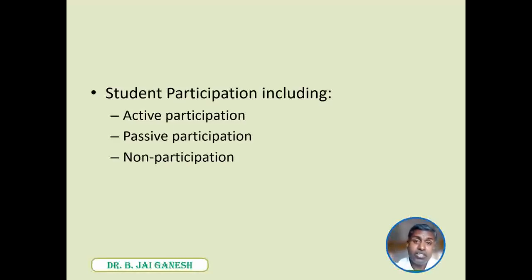Sometimes the students keenly observe the concept, and only then will they get an idea. For that itself, we have to provide some opportunities. Then non-participation. Sometimes they are not able to participate in the classroom activities, and in that situation, as a teacher, how we have to motivate them, how we have to make them aware of learning situations and convert their clumsiness into an active learning situation. This is the important thing.